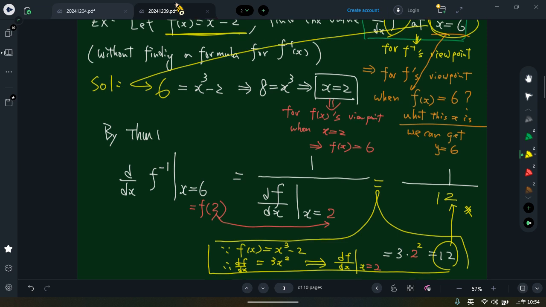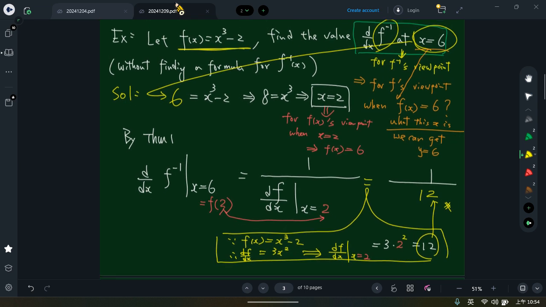I just make it smaller so you can have a whole picture of this. Okay, this question just asks us to find the derivative for f inverse when x is equal to 6. If I give you the original function, it's f of x. But you cannot find the formula for the f inverse. Can you just directly apply theorem 1 to get the answer?